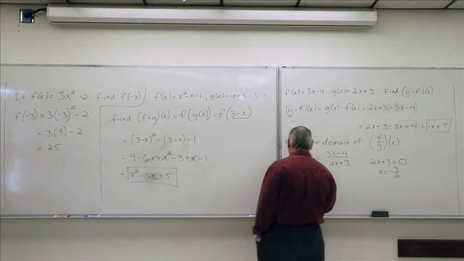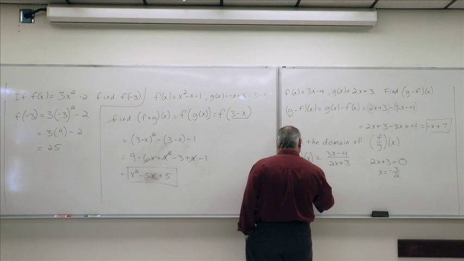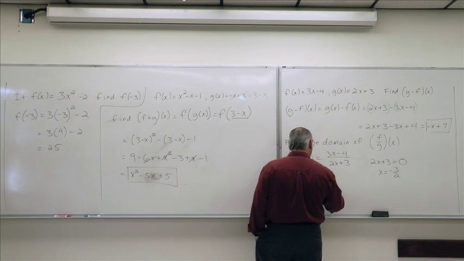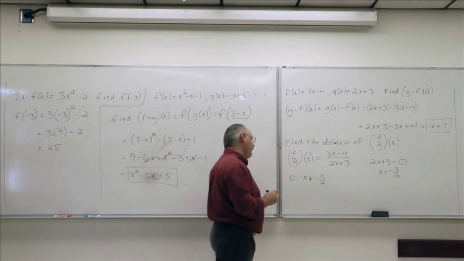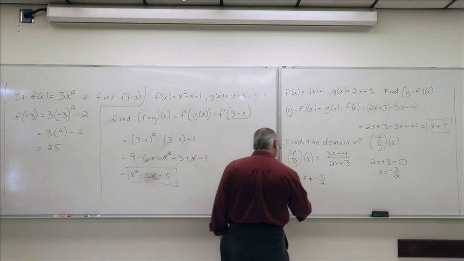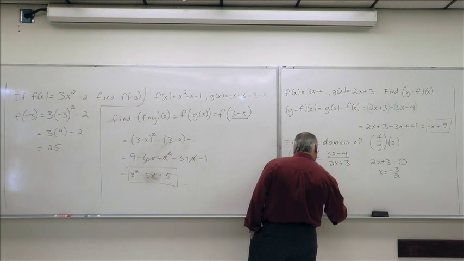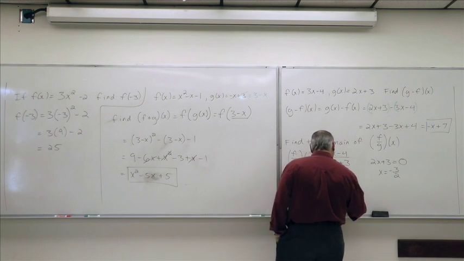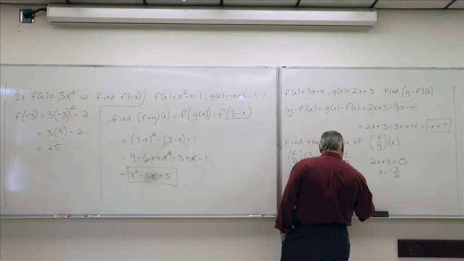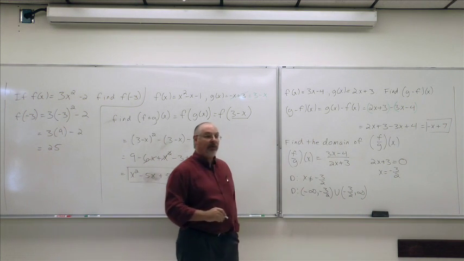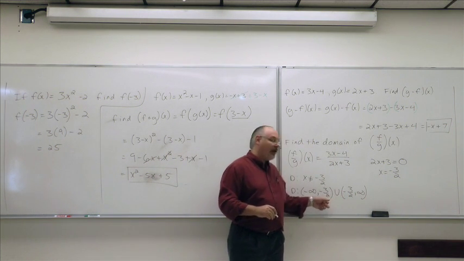We can just say the domain is x is not equal to negative 3/2. We can do interval notation: negative infinity to negative 3/2, non-inclusive, union negative 3/2 to infinity. When you take out a single point, that's how you always do it.